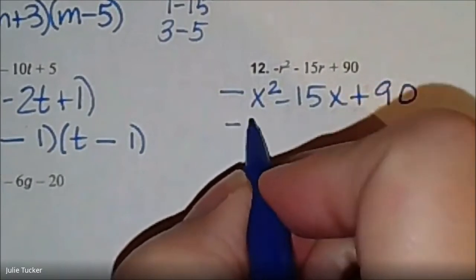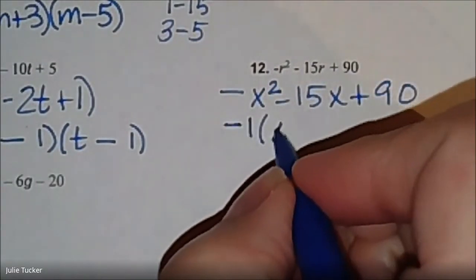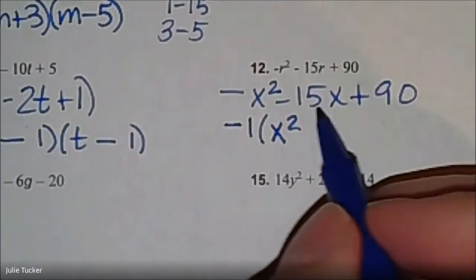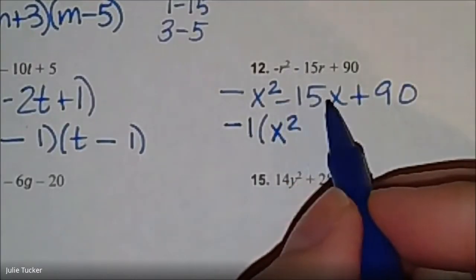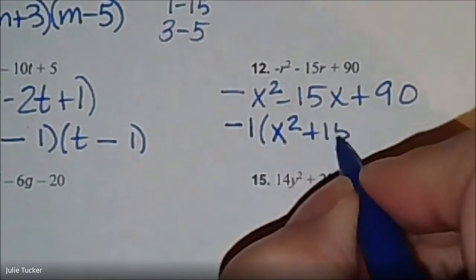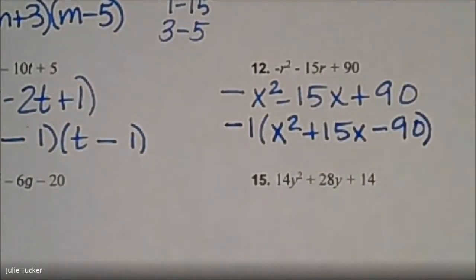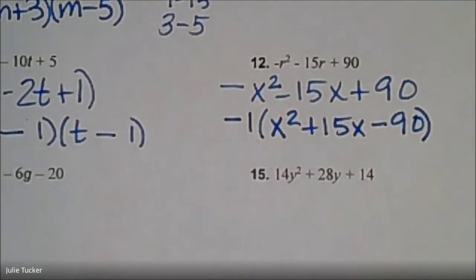So we're going to reverse distribute that. Negative 1 parentheses, x squared. If I divide negative 1, what does it do to the negative 15x? Good. So basically, it's just changing the signs, right? Okay, so I changed all of the signs.